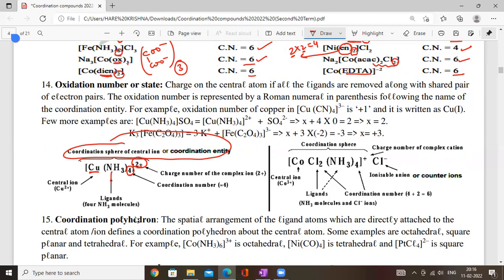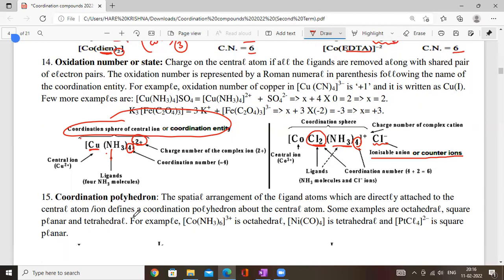These are called the counter ions, which are ionizable ions. These are ligands, and this is the example of a homoleptic complex, and this is the example of a heteroleptic complex. The total coordination number in this case is 4 plus 2, which is 6.